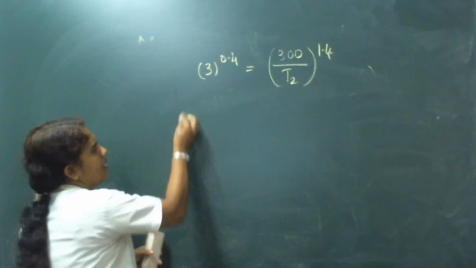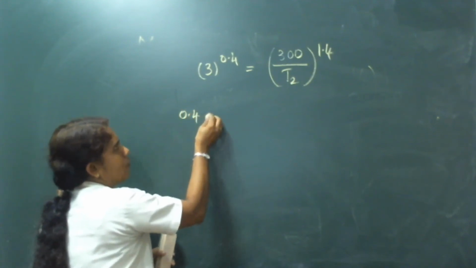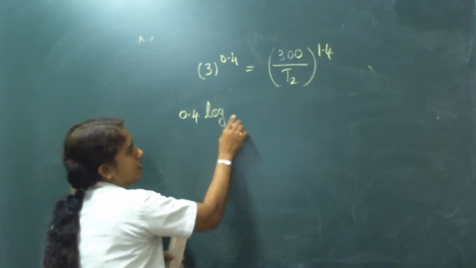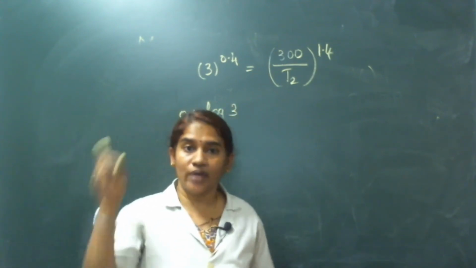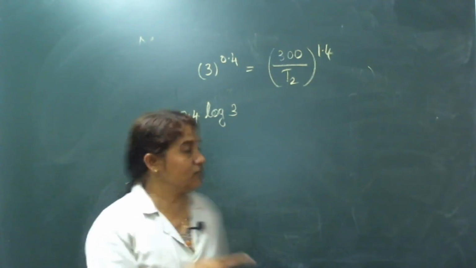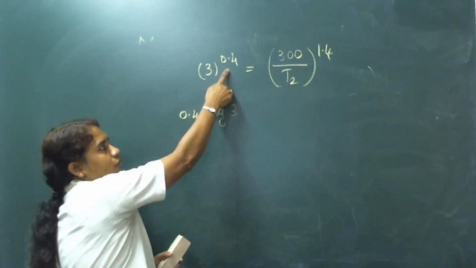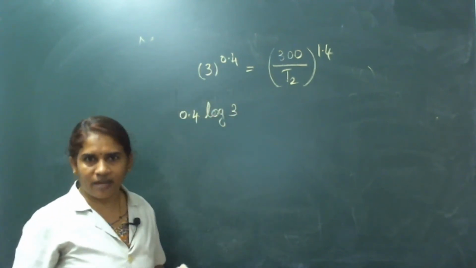Now we can take the log on either side. So, it will be 0.4 log 3. Log A raised to x is equal to x log A, that format. So, log 3 raised to 0.4 is 0.4 into log 3.